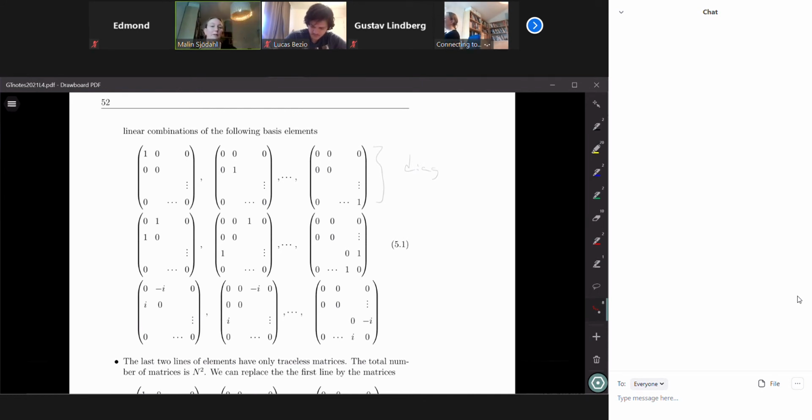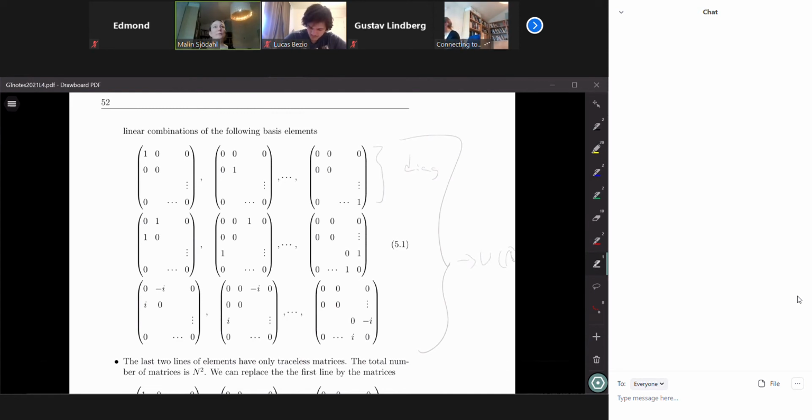And similarly, we had minus i and i in all opposing places, and we have to consider all such matrices. Actually, if we would take all of these, this would generate U(N), so just unitary, not special.